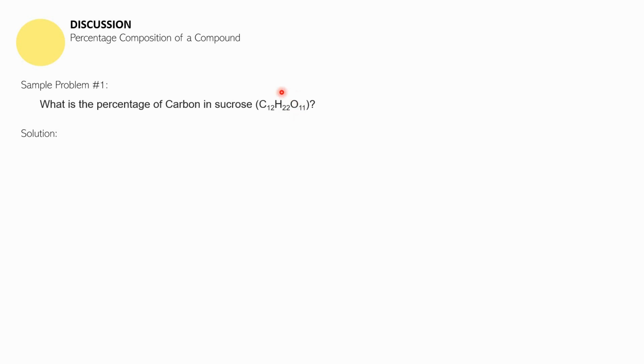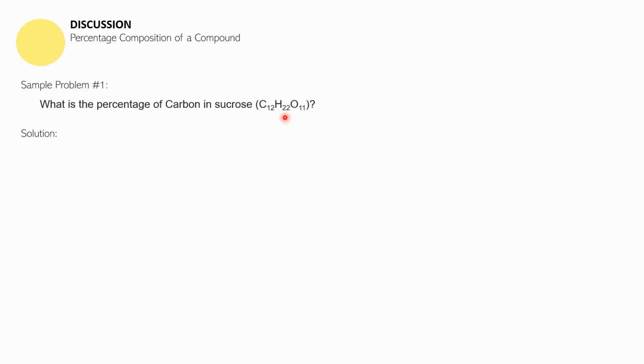If carbon is represented by 12 atoms in that compound, what is the percentage of carbon overall in terms of mass? In terms of mass, gaano karami yung carbon? Alam naman natin na iba-iba yung masses ng mga yan.